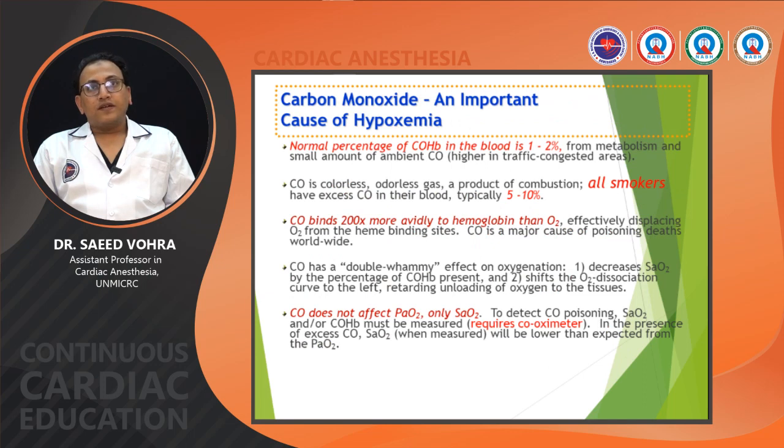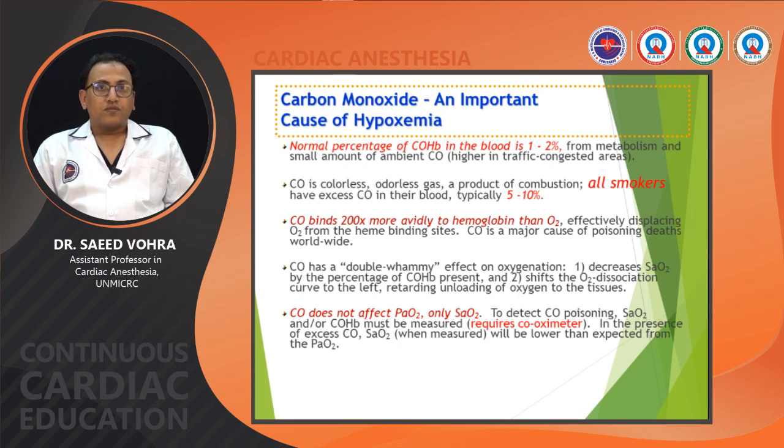Now, carbon monoxide. The normal percentage of carbon monoxide in blood is 1 to 2% from metabolism, and a small amount of ambient carbon monoxide is present in heavily traffic-congested areas. All smokers have excess carbon monoxide in their blood, typically 5 to 10%. Carbon monoxide binds 200 times more heavily to hemoglobin than O2. Carbon monoxide does not affect PO2, but it affects arterial saturation.